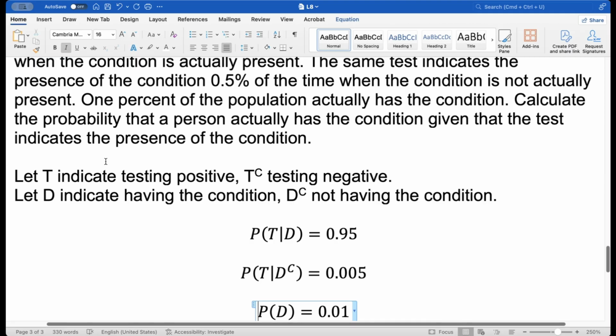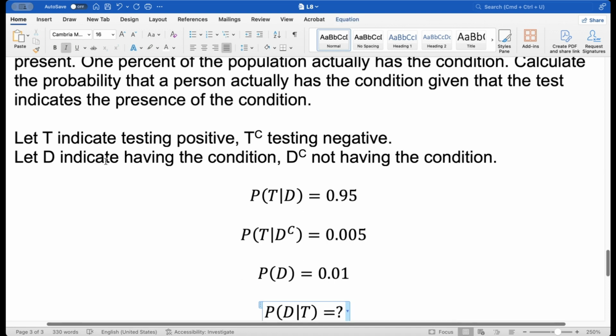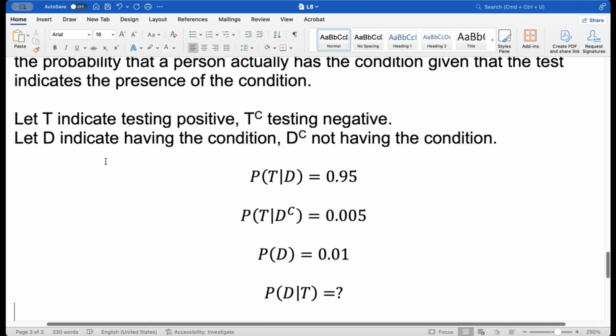We want to find the probability that a person has the condition given a positive test. So we're trying to find the probability of D given T. The probability a person has the condition, D, given that they tested positive, T. And so, once again, we see here that the reversed conditional probability was given in the problem.